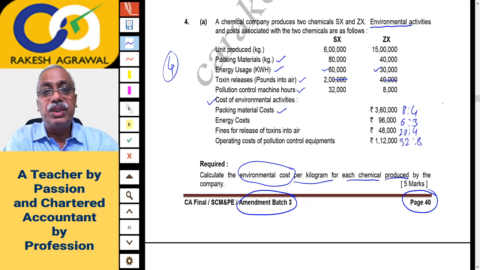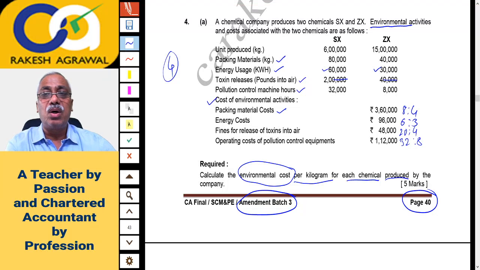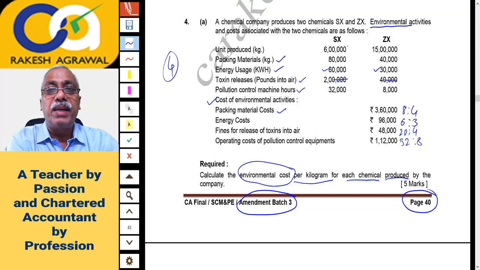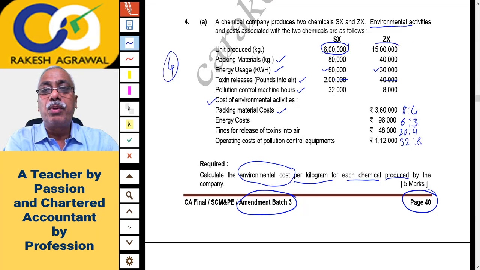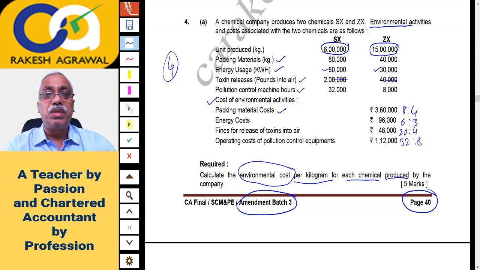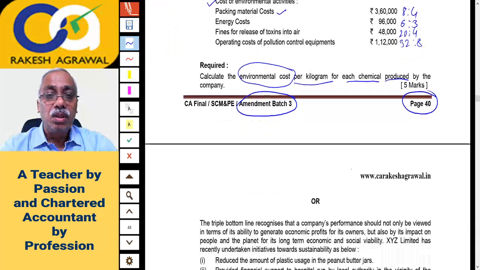Once you share these environmental costs in this ratio, you take the total cost and divide it by the quantity, 6 lakh kg and 15 lakh kg of units produced. So total cost divided by quantity gives you environmental cost per kg. That's all, my dear friends. It is that simple. You will find the printed solution ahead. So we'll go ahead now.